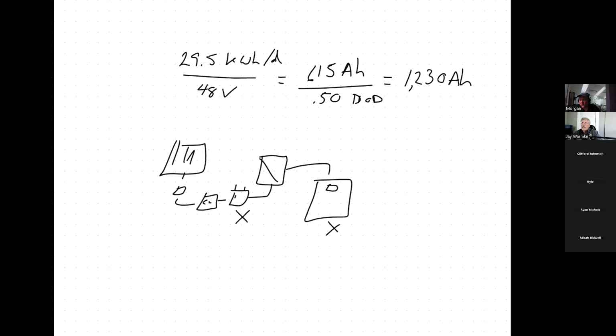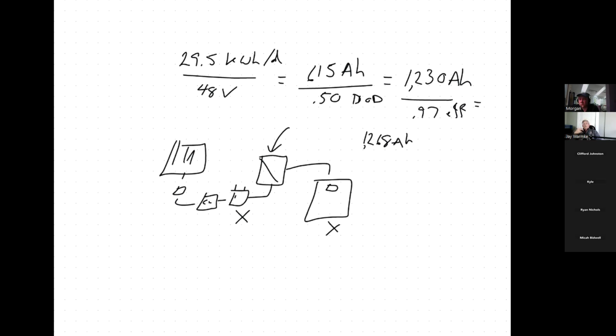So I'm not derating this based on the efficiency of the overall system. I'm only derating it based on the efficiency of the inverter. So if I look up the spec sheet on that inverter and find out it's 97% efficient, I can do 1,230 divided by 0.97, and now it's going to be 1,268 amp hours.